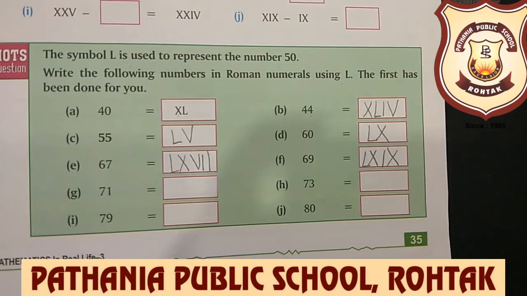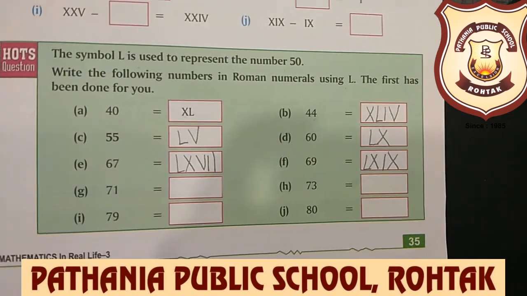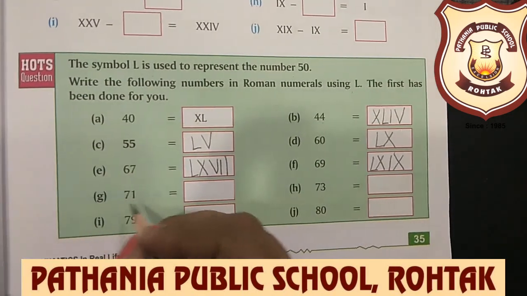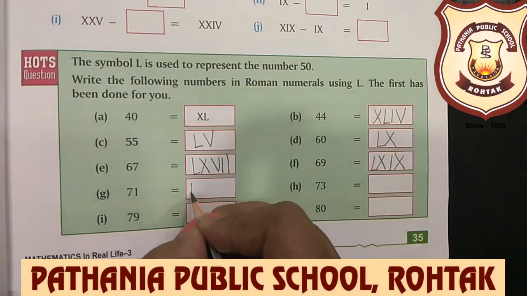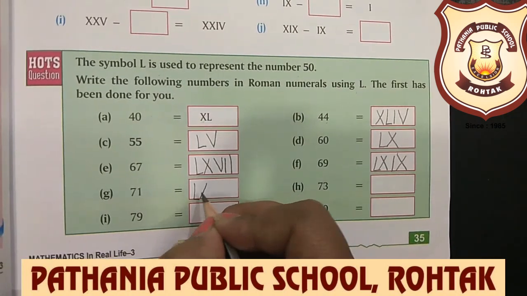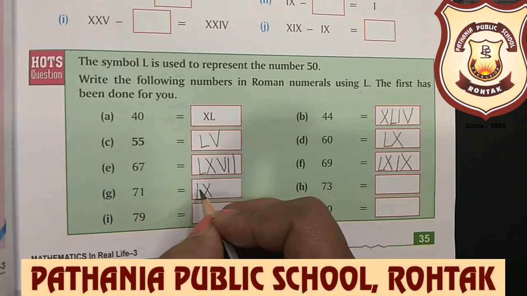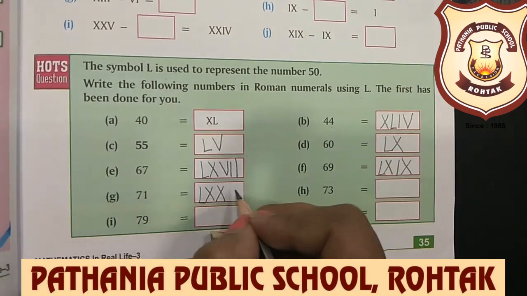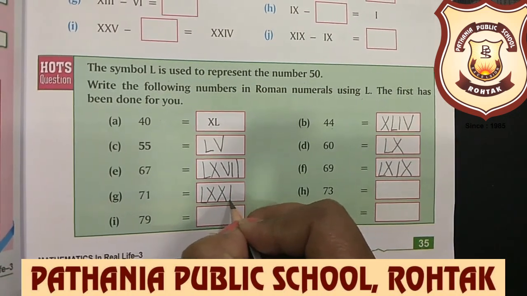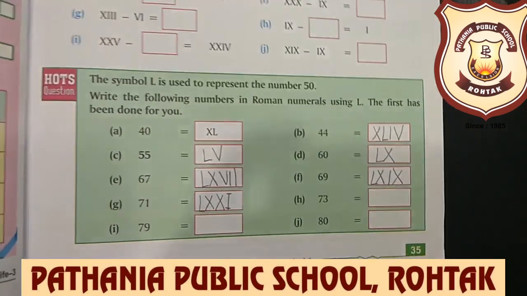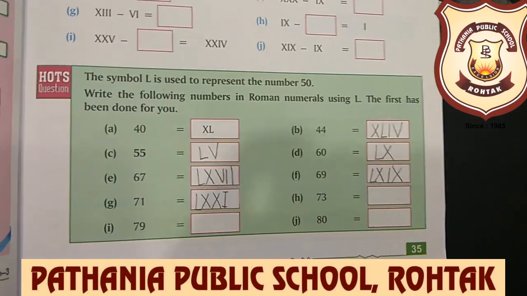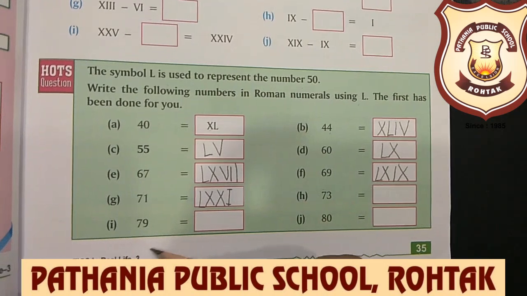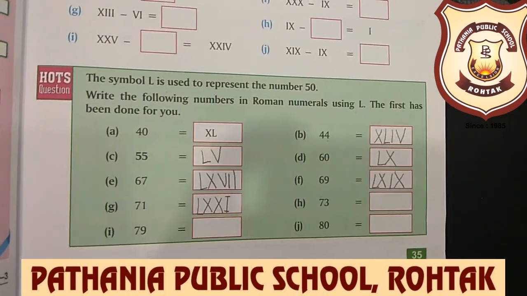That means LXIX is 69. Now beta, for 71, L is 50. X came to it, it becomes 60. Now one more X will come, it will become 70, and for 1 it will be I. So yes, it is 71. Now in the same manner beta, do H, I and J part yourself.